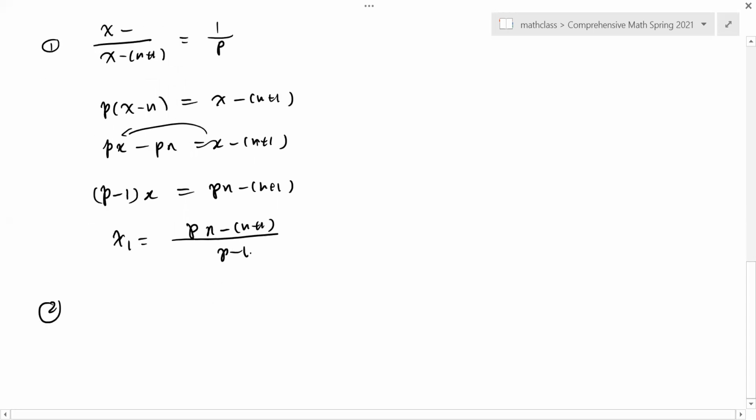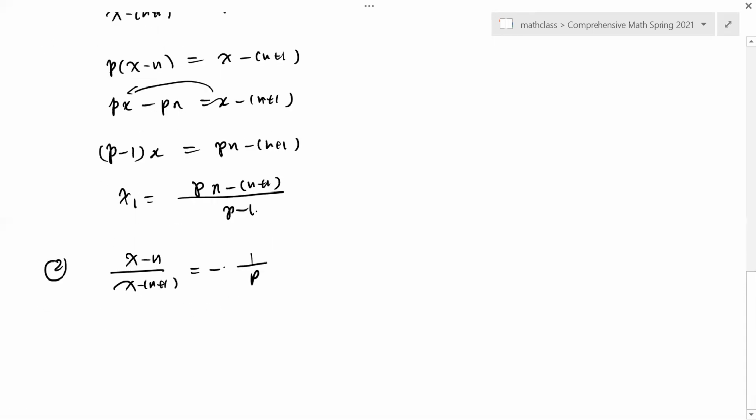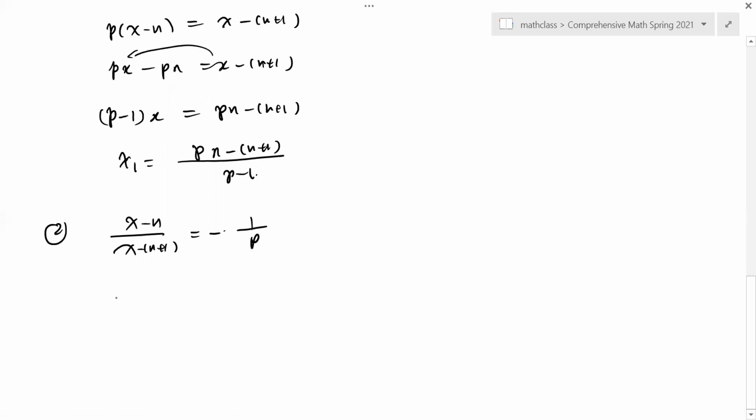So my second solution is (x minus n) over (x minus n plus 1) equals negative 1 over p, right? Let's find out. So this is going to be p times (x minus n) equals negative (x minus n plus 1), so it'll be negative x plus n plus 1.